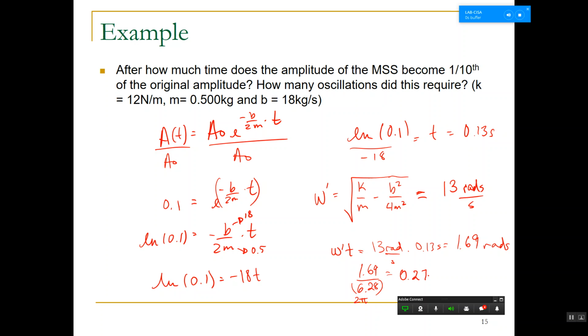So it did 0.27 of a full oscillation, roughly a quarter. Did it reach the minimum? No, the minimum is after how many oscillations? 0.5, right? After half of an oscillation, it would reach the minimum. So it didn't even reach the minimum. Any questions on that?